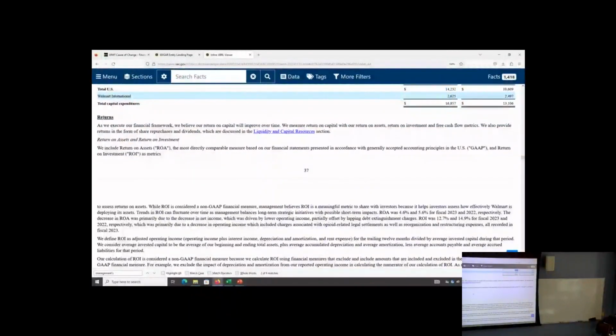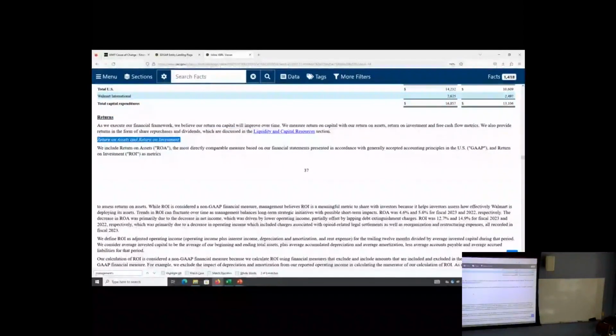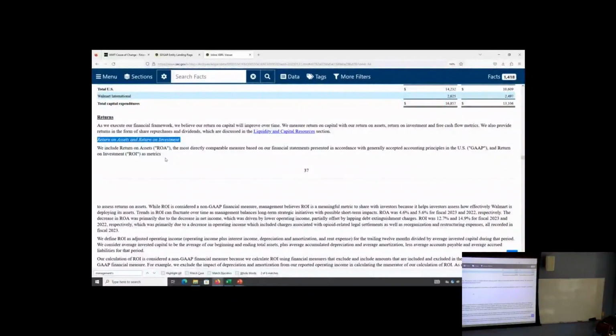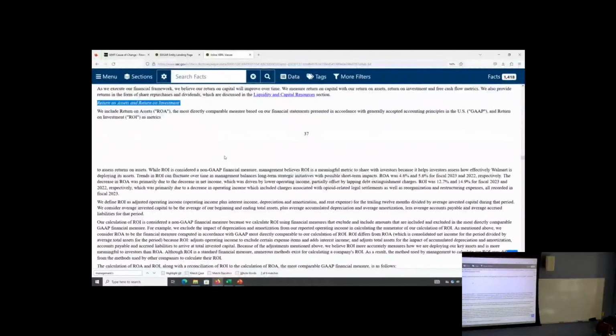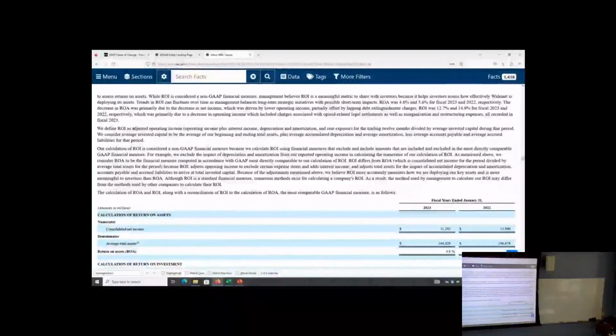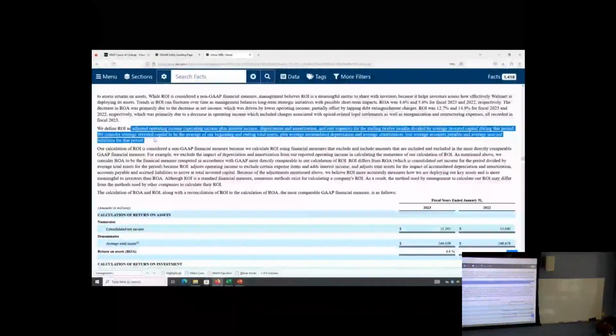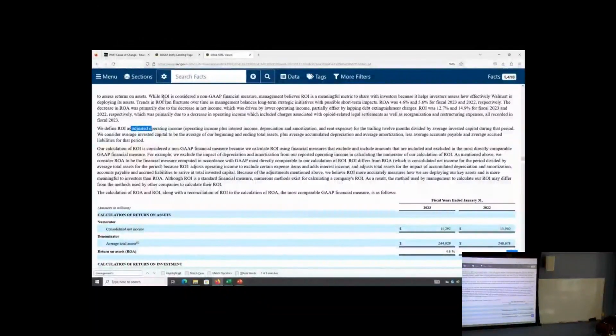Now we're going to start getting to some of the non-GAAP measures of how the company is gauging its performance. The first measures that they're providing here are return on assets and return on investment. They note the differences in return on investment and return on assets that they're using that may make it a non-GAAP financial measure.